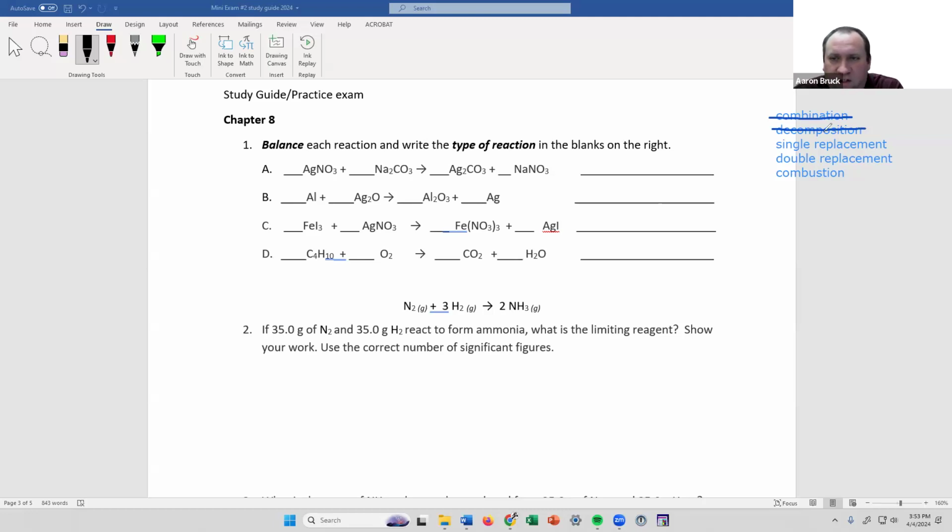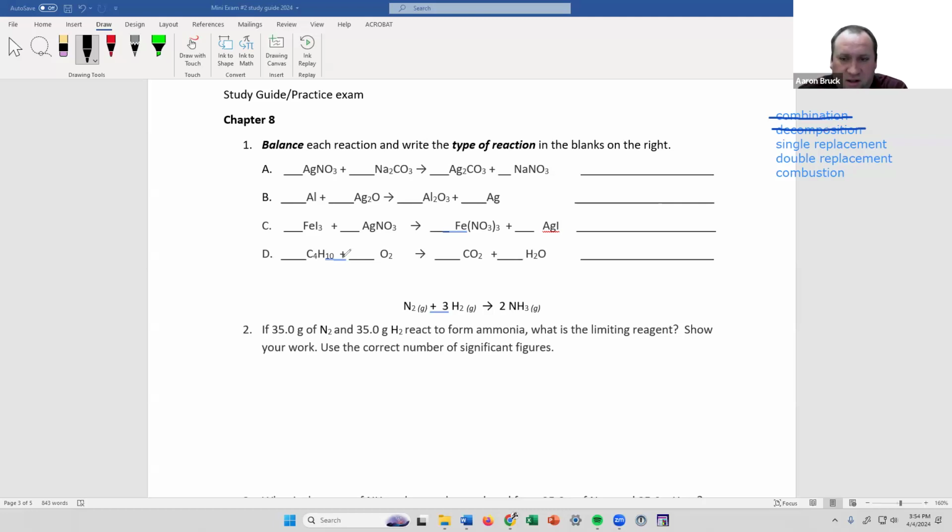So all four of these reactions are either single replacement, double replacement, or combustion. Of those three, two of them are very similar, the replacement reactions. The one that is different is combustion. For combustion, I need to be looking for a reaction with oxygen and carbon dioxide and water as products.